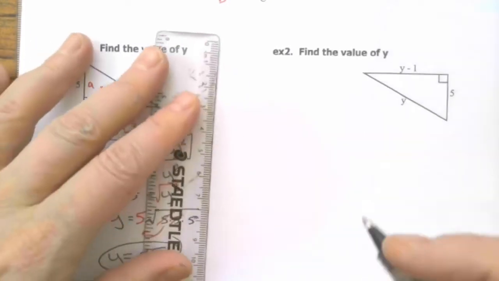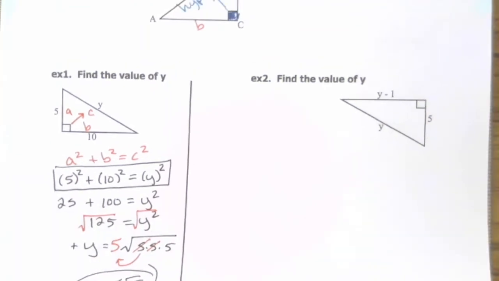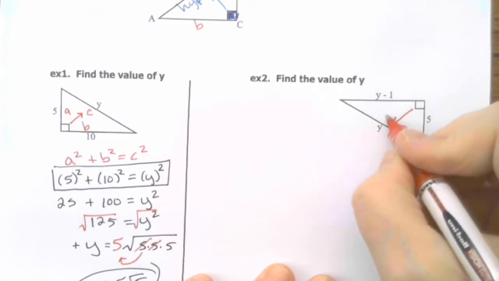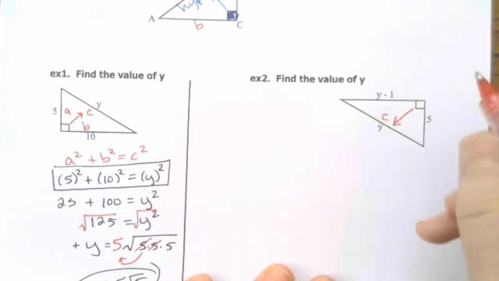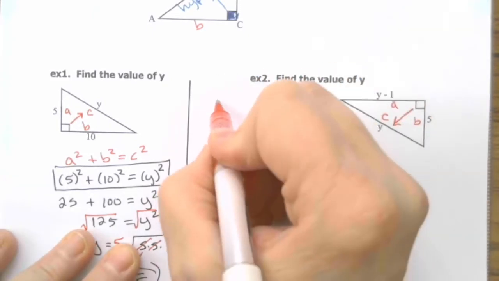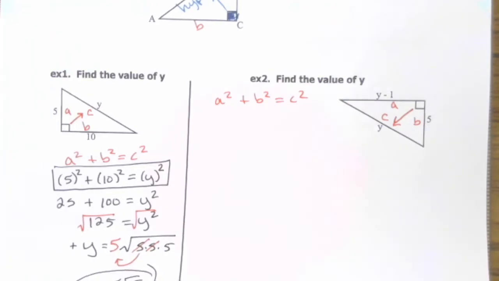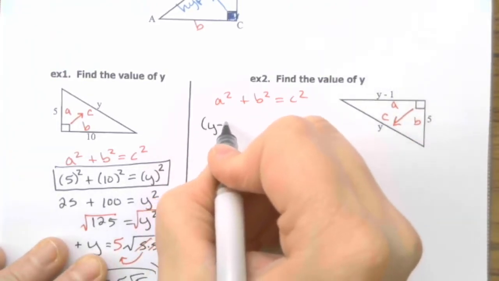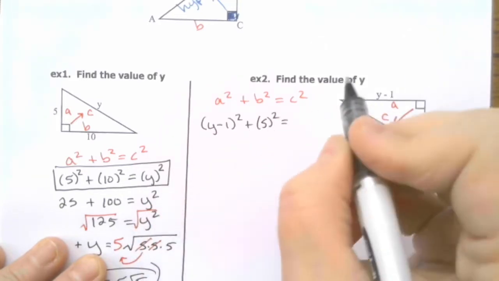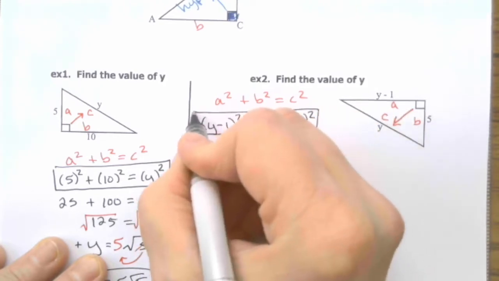All right, let's do another example, a little bit more complex. Find the value of y. So again, the hypotenuse is opposite the 90, so that's our c value. And then a and b are the interchangeable legs. So using the formula, a squared plus b squared equals c squared, we fill in our values. a is y minus 1 squared, plus b, which is 5 squared, equals c, which is y squared. There is our equation.